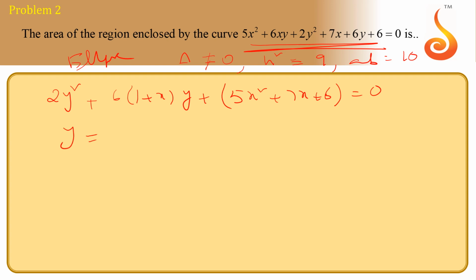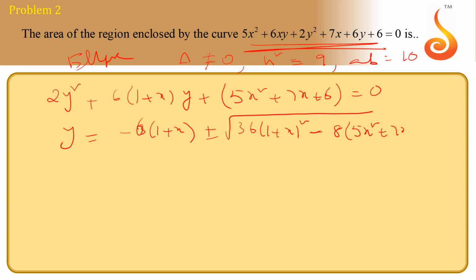So y equals minus b plus or minus root of b² minus 4ac, which is 36 into (1 plus x) whole squared minus 4 into 2 into (5x² plus 7x plus 6), by 2 into 2.